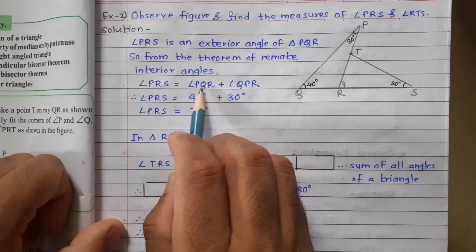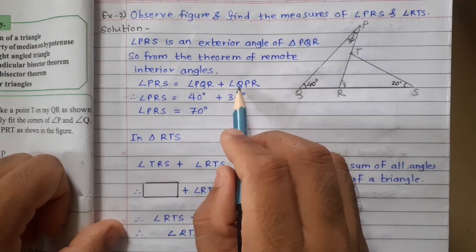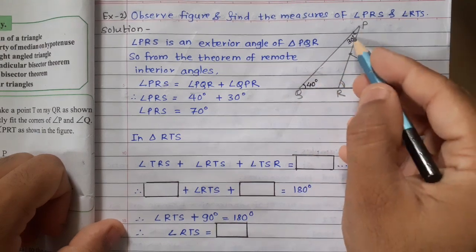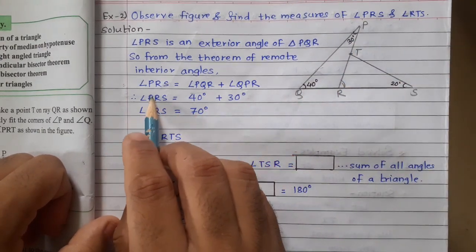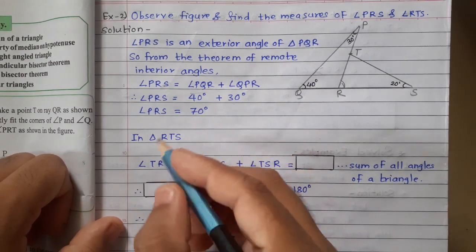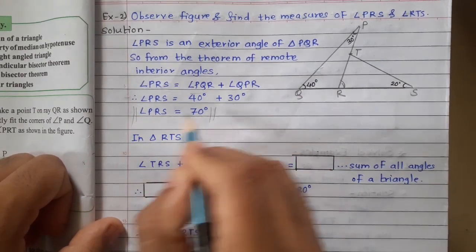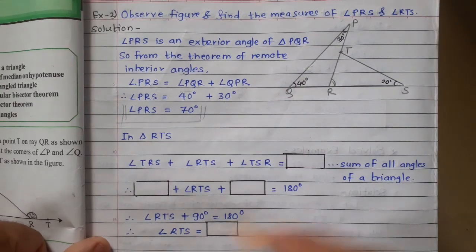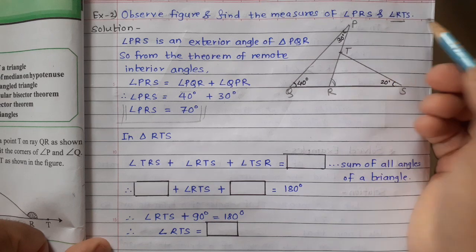And the measure of angle PQR is given 40 degree and the measure of angle QPR is 30 degree. So angle PRS is equal to 40 degree plus 30 degree is equal to 70 degree. So we are having angle PRS is equal to 70 degree. Now we have to find the measure of angle RTS.